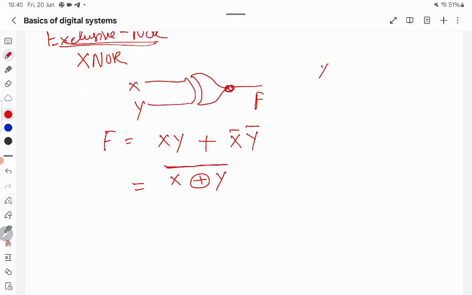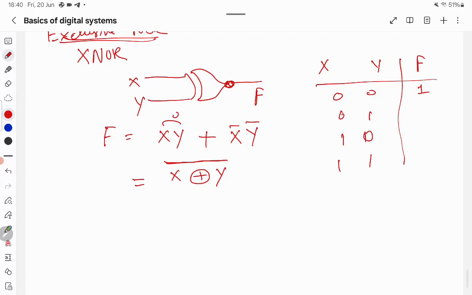So how do you draw the truth table? X and Y, and this is the F output: 0 0 1, 0 1 0, 1 0 0, 1 1 1. If you pass 0 here, 0 and 0 will be 0, so 0 complement will be 1, and this one will be 1, so 1 and 1 will be 1, so 0 or 1 will be 1. Similarly, if you pass the values of X and Y, this one will be 0, this one will be 0, and this one will be 1.